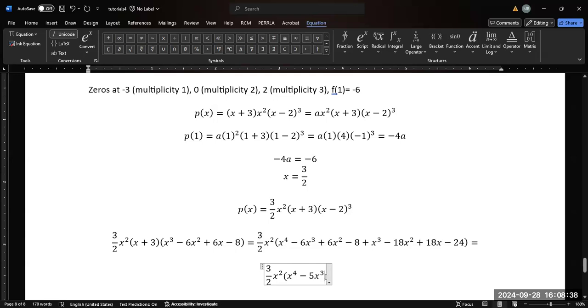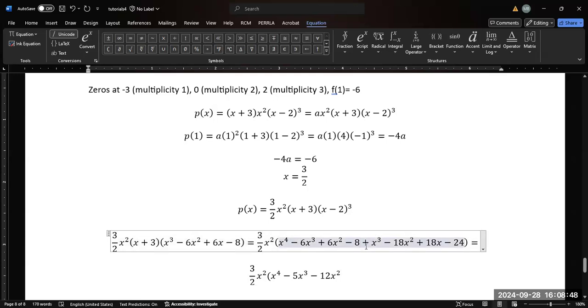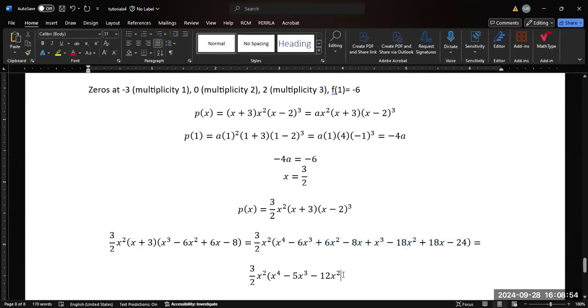Positive 12 minus 18 is minus 6x squared. And then one should be a negative 8x. Negative 8 and positive 36 is going to be plus 28x minus 24.